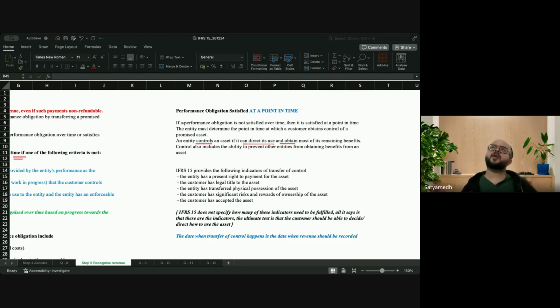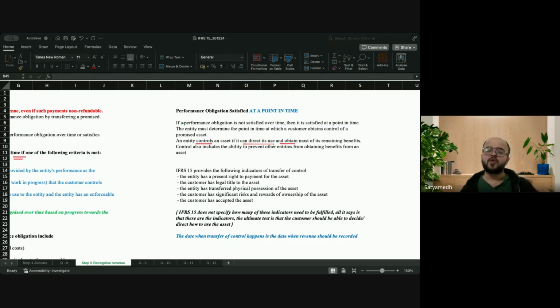So, performance obligation satisfied at a point in time. How does the accounting standard proceed? It first of all tells you that if 1, 2, 3 are satisfied, that means performance obligation is satisfied over a period of time. 1 or 2 or 3, the three conditions that we saw. If none of these three is fulfilled, then it says that means the obligation is satisfied at a point in time.